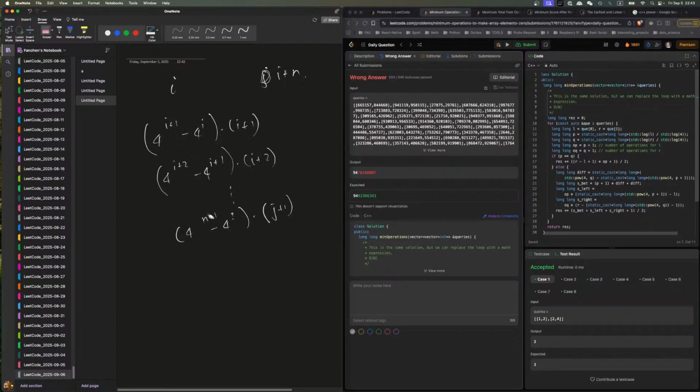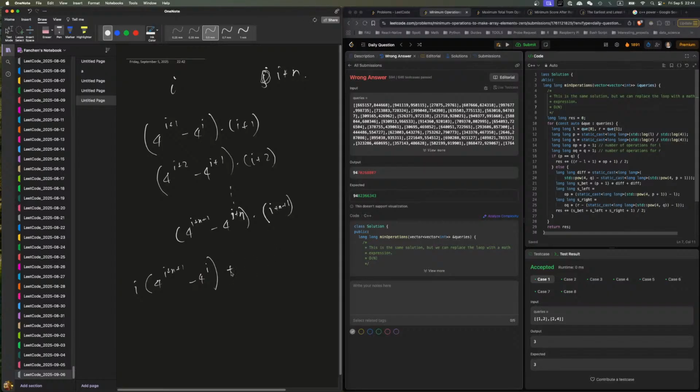This is going to be i plus n plus 1, and here is i plus n, and this one is i plus n plus 1. If we expand this, we have i times 4 to the i, and now these we can delete. So all the way is (i+n+1) times 4^(i+n+1) minus 4^i. This is good.